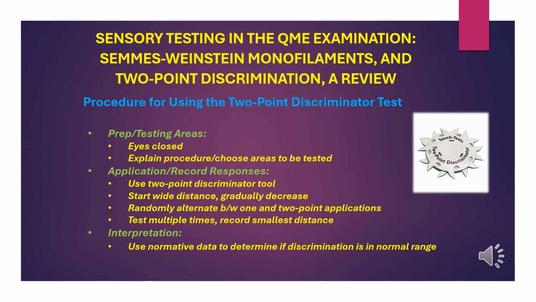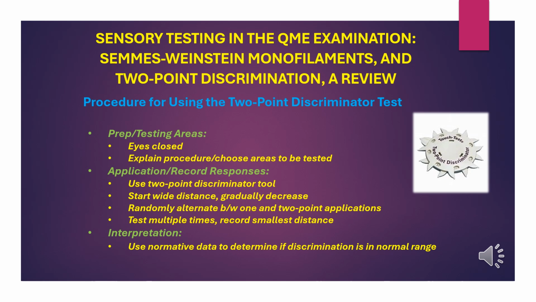Now, in the application of the procedure, you use a two-point discriminator tool or a caliper, whichever you choose, with adjustable tips. You start with a wide distance between the 2 points, for example, 5 millimeters, and gradually decrease the distance. You apply the 2 points simultaneously to the skin with equal pressure, and you ask them to identify whether they feel 1 or 2 points.